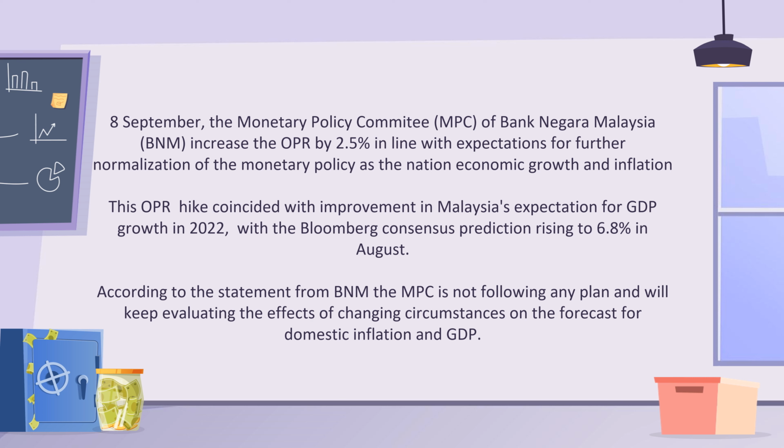The OPR hike coincides with improvement in Malaysia's expectation for GDP growth in 2022, with the Bloomberg consensus prediction reaching 6.8% in August. According to the statement from BNM, the MPC is not following any plan and will keep evaluating the effect of changing circumstances on the forecast for domestic inflation and GDP.